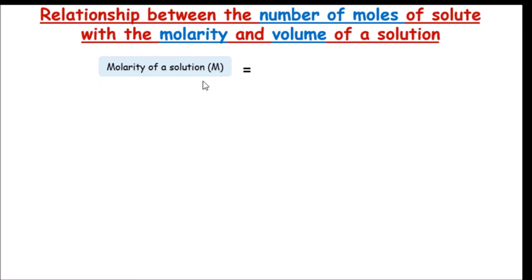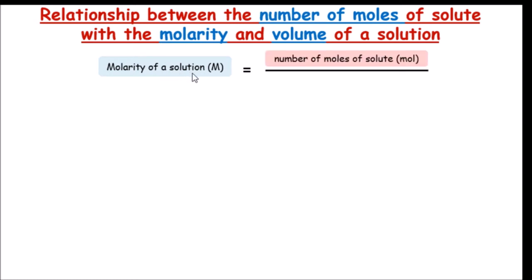Correct. The formula of molarity of a solution is equal to number of moles of solute divided by volume. Remember, molarity is in mole per dm cube, but we can also write it in the capital letter M. This also represents mole per dm cube. Number of moles is in the unit of mole. Volume of the solution, the unit is in dm cube.